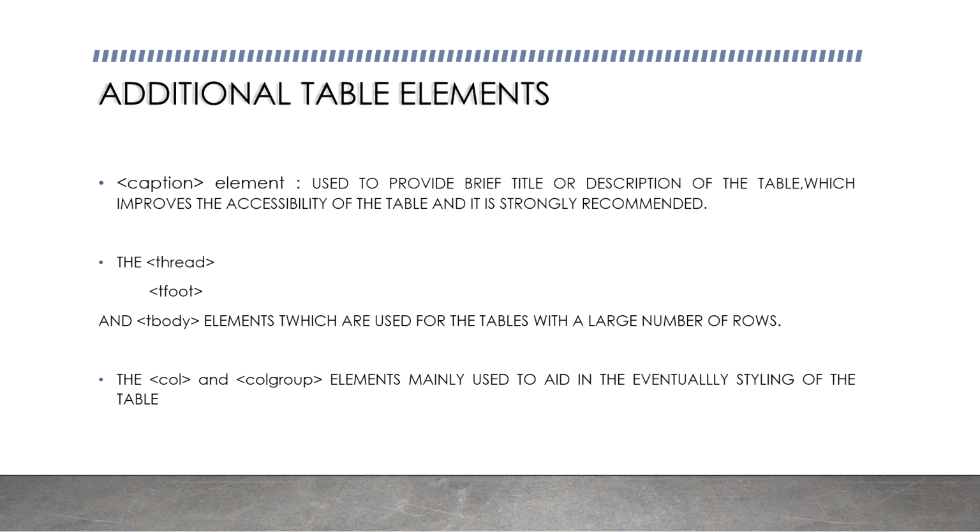The next ones are thead, tfoot and tbody elements, which are used for tables with a large number of rows. The col and colgroup elements are mainly used to aid the styling of the table. So these two elements are used for styling of the table.